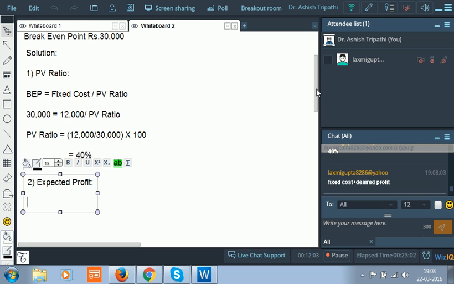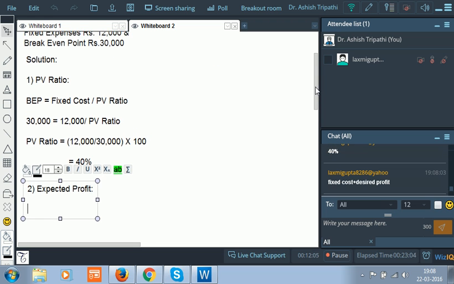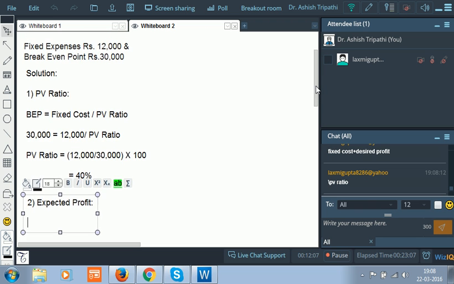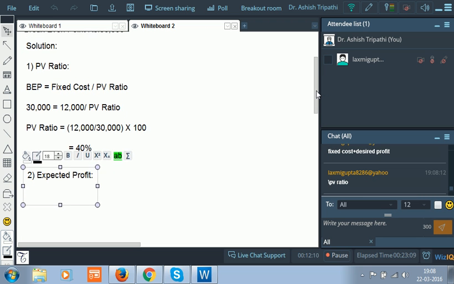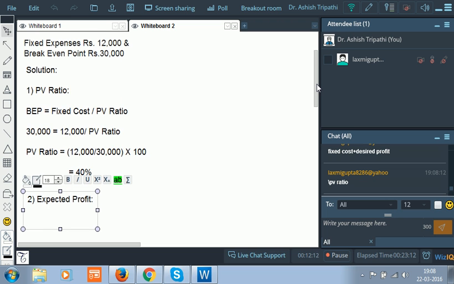Very good. Fixed cost plus desired profit upon PV ratio. Excellent. So let us use that formula.